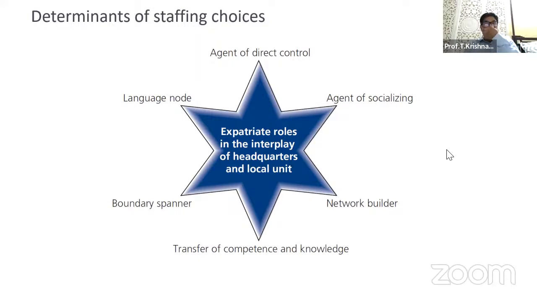The second one is agent of socializing. Third one, network builder. Then competence and knowledge management. Then boundary spanner, language node. I think these are the determinants of staffing choices. So, expatriate roles in the interplay of headquarters and local units. So, when you are making staffing choices, these are the things that you consider.